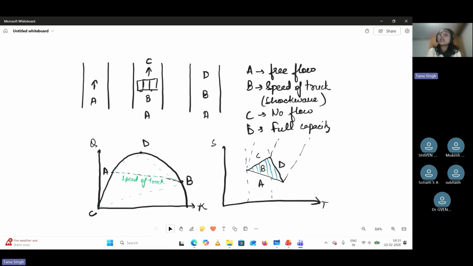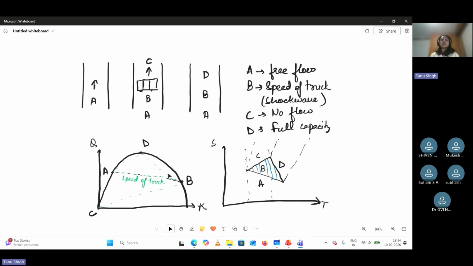Since there are different traffic states, we can look at the shock wave speed, as a shock wave is defined as the boundary between the different traffic states. Here we represent these scenarios using the flow versus density graph, which is a parabola. We assume a traffic state A somewhere here, and then traffic state B, when all the vehicles are moving at the speed of the truck.